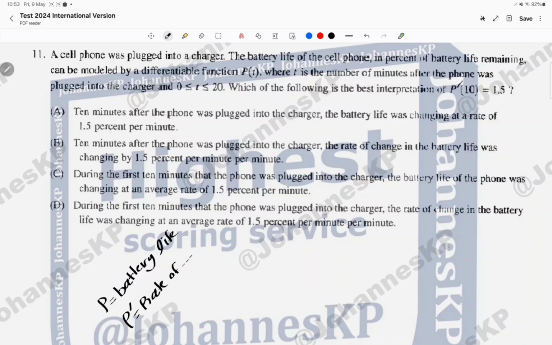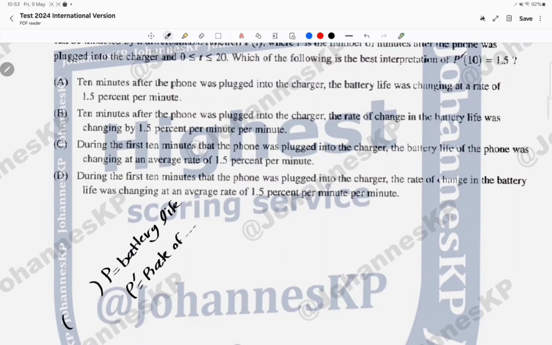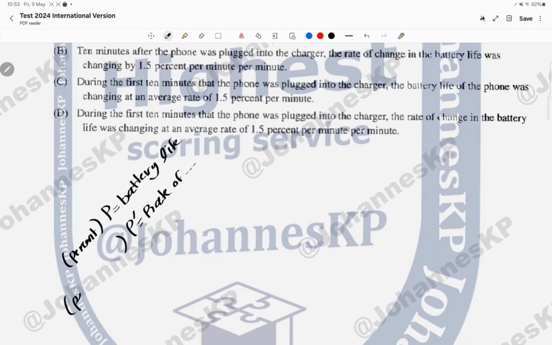Oh, and by the way, whatever the unit was of battery life, it was percent, right? Yes, it was percent. So P prime has to be percent per time.